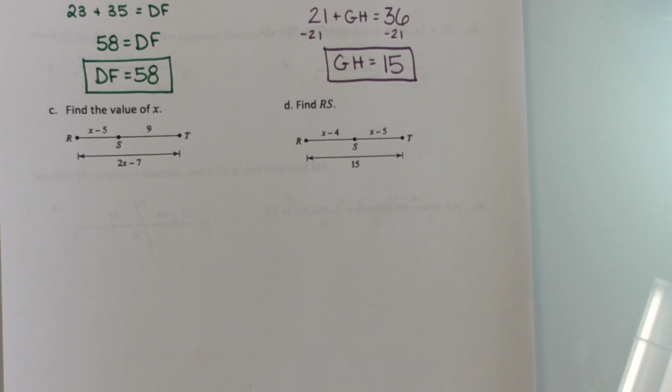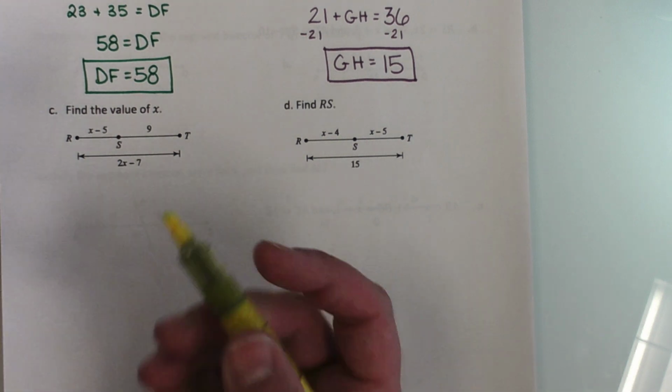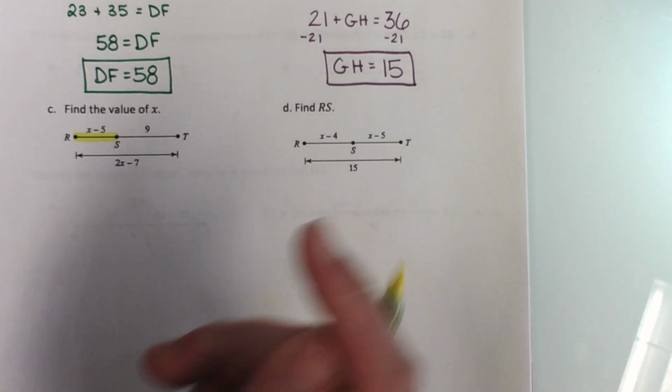So, C says find the value of x. Do you see that there's 3 points on one segment? Yes? No? Maybe? Which one's between? S. S is separating the two parts. So, I got a part here.